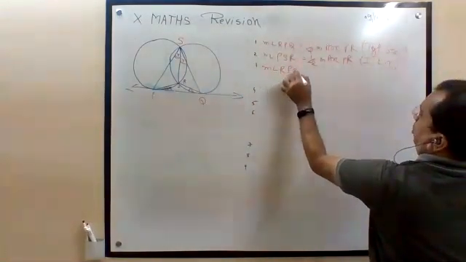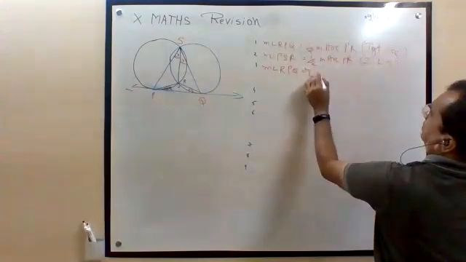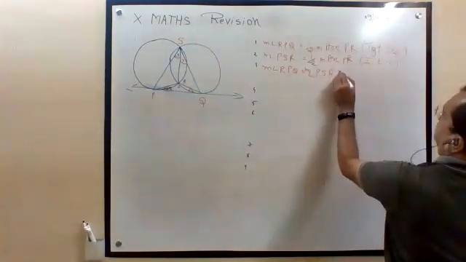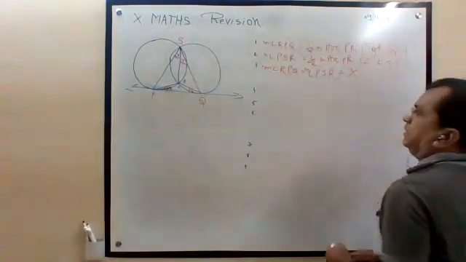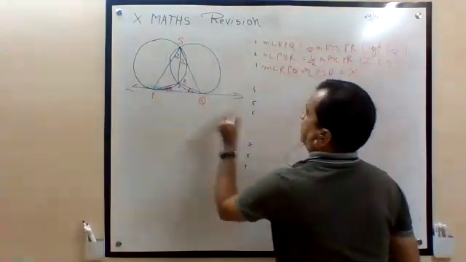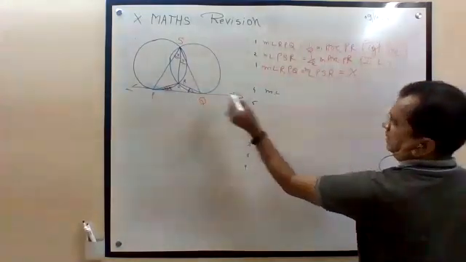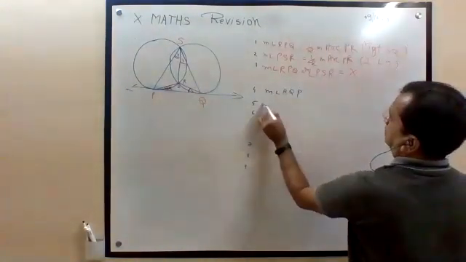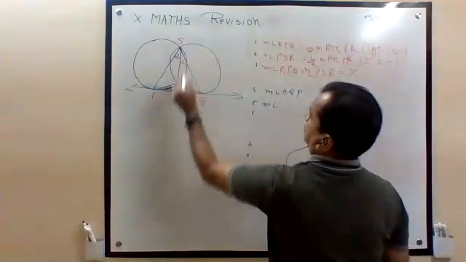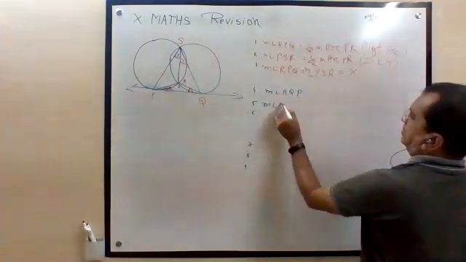Measure angle RPQ, lower I have taken, then I have taken upper. Now this side, y is half of what? Lower y is measure angle RQP. Upper y is QSR.